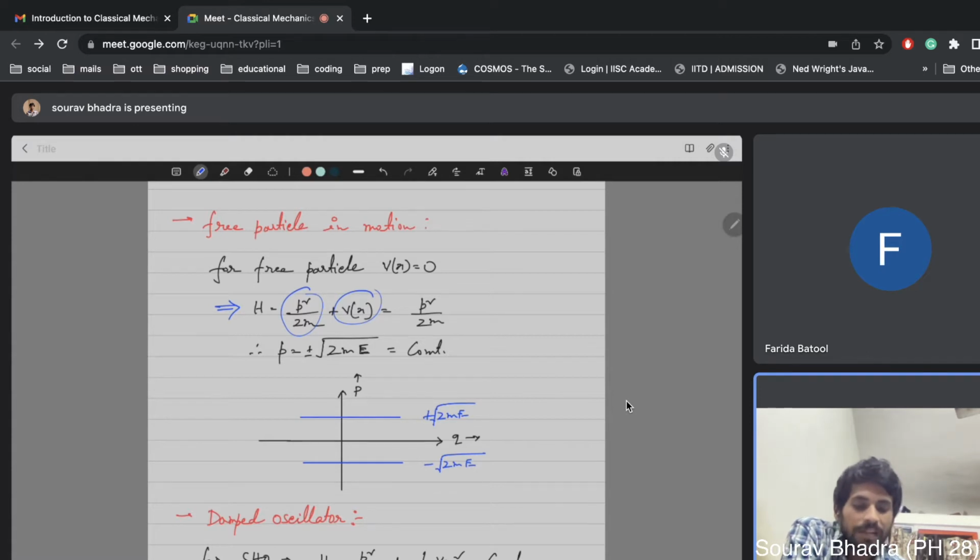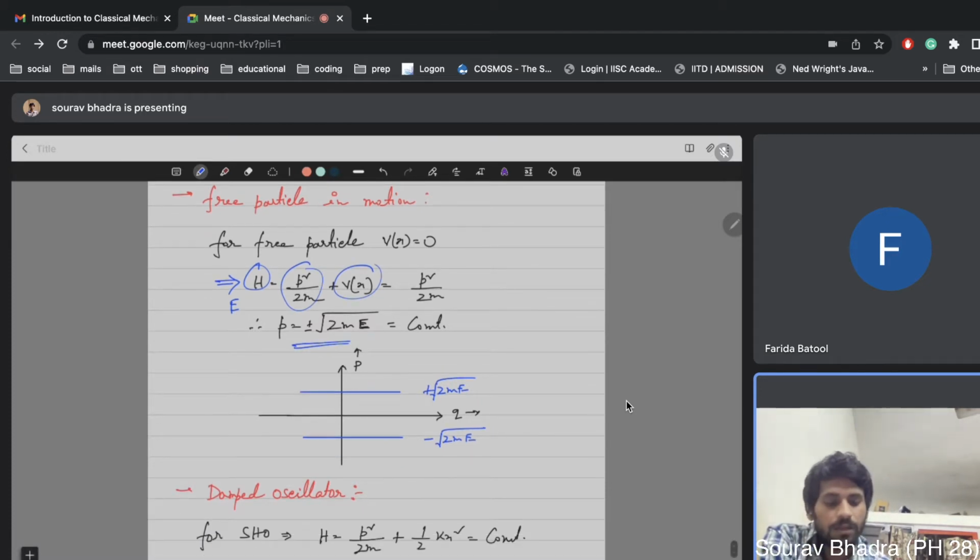Now for this type of system, your H, which is the Hamiltonian, is actually the total energy of the system. So in place of H you can write E also. So p is coming out to be plus minus root over 2mE. Now you can see this p is not a function of q.